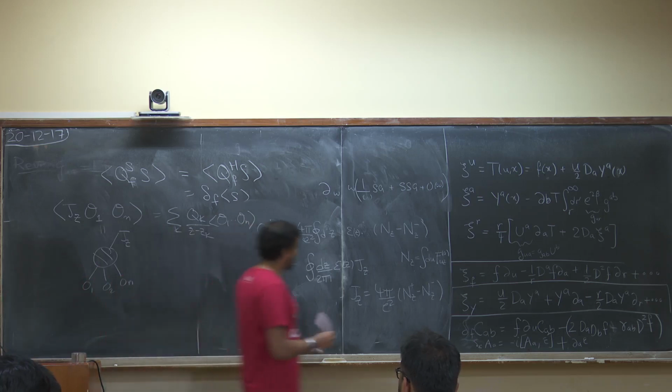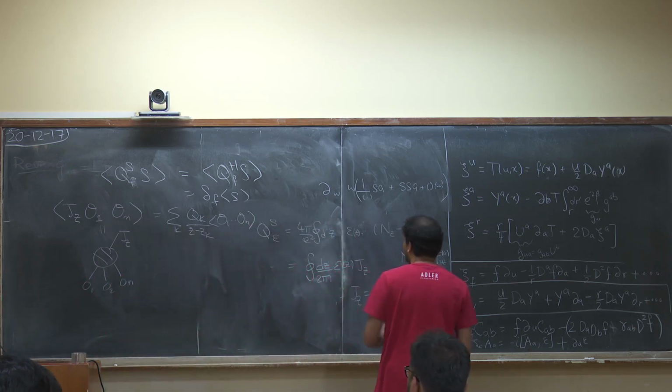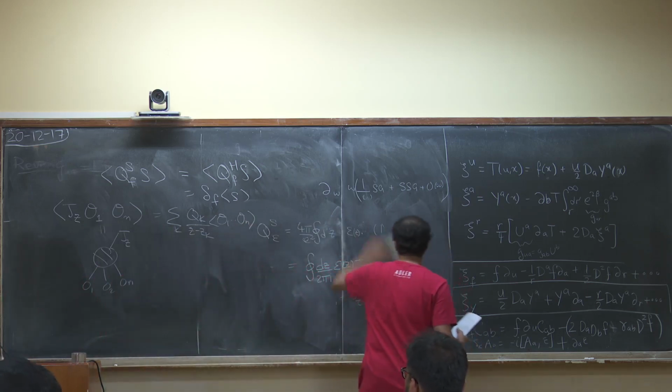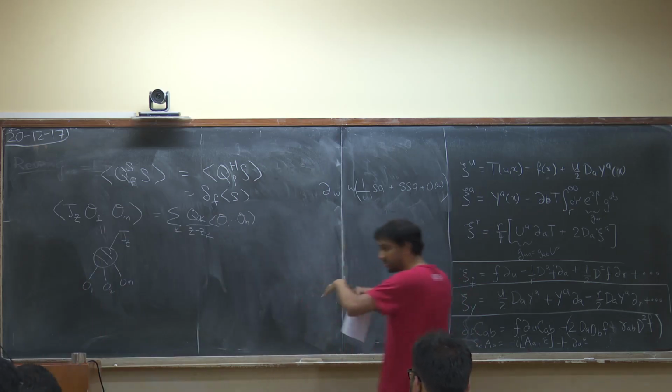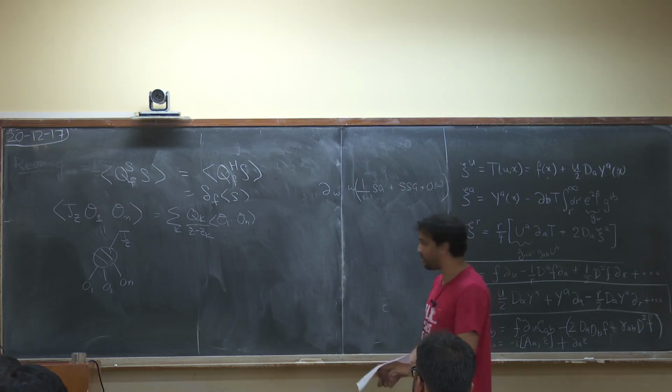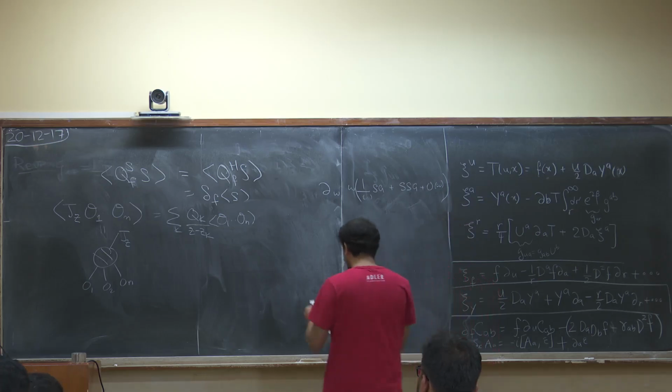Okay, so then in exactly the same way, you want to construct the stress tensor, which is going to be associated to boundary diffeomorphisms, so diffeomorphisms on the sphere. So we do the same thing.